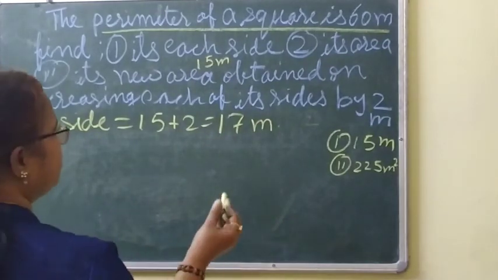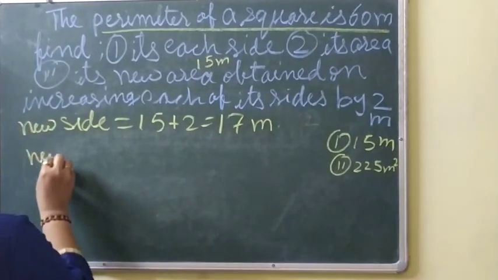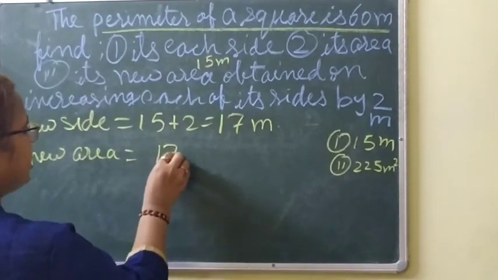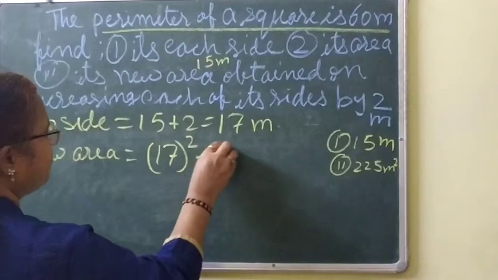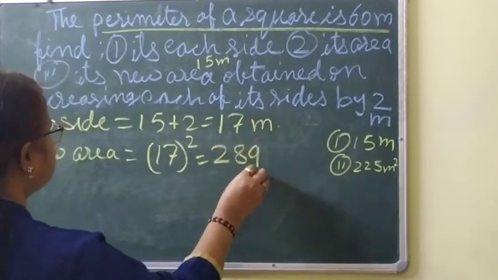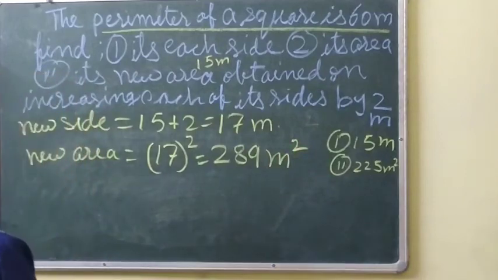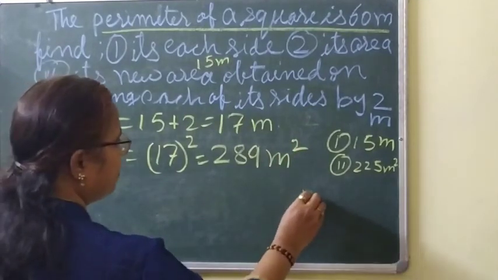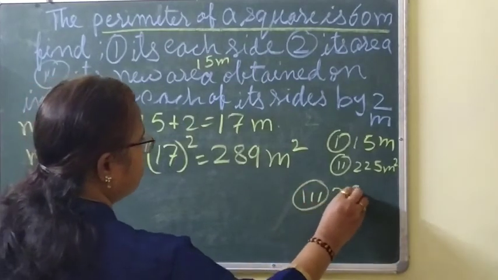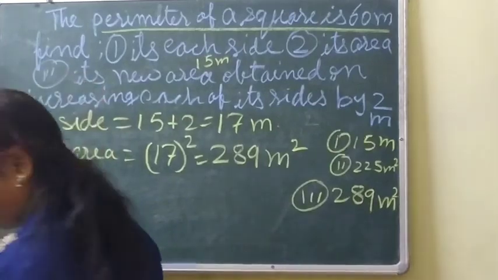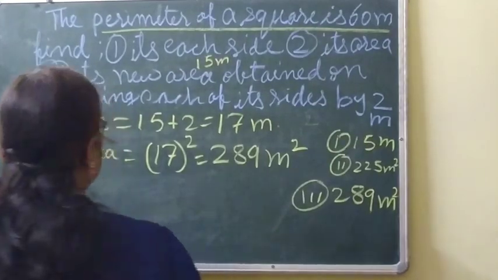Then new area will be equal to square of 17, that is 289 square meter. So this is the new area. So third answer you got here, 289 square meter.